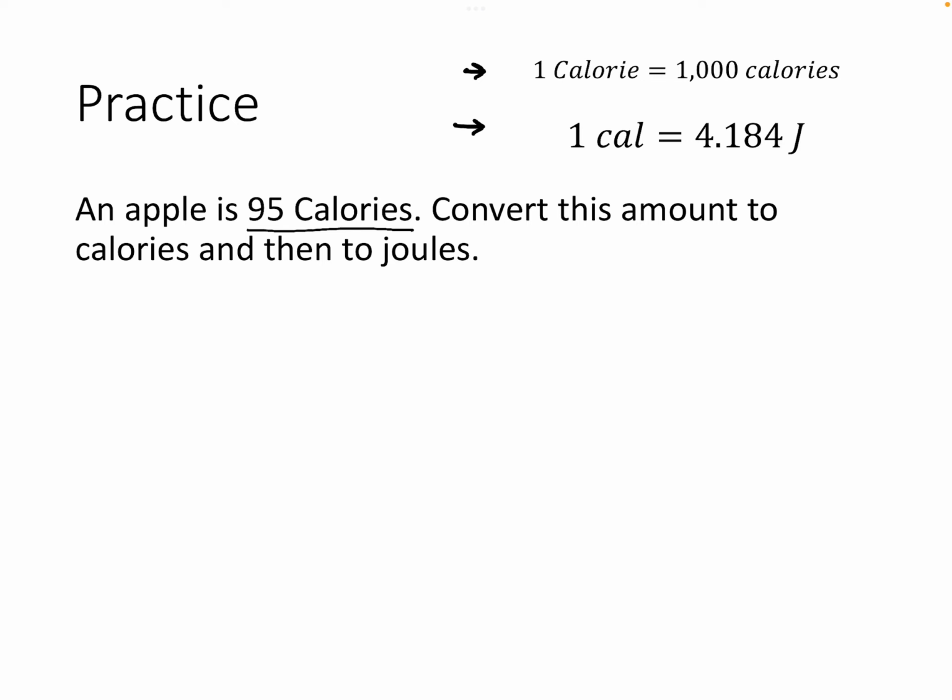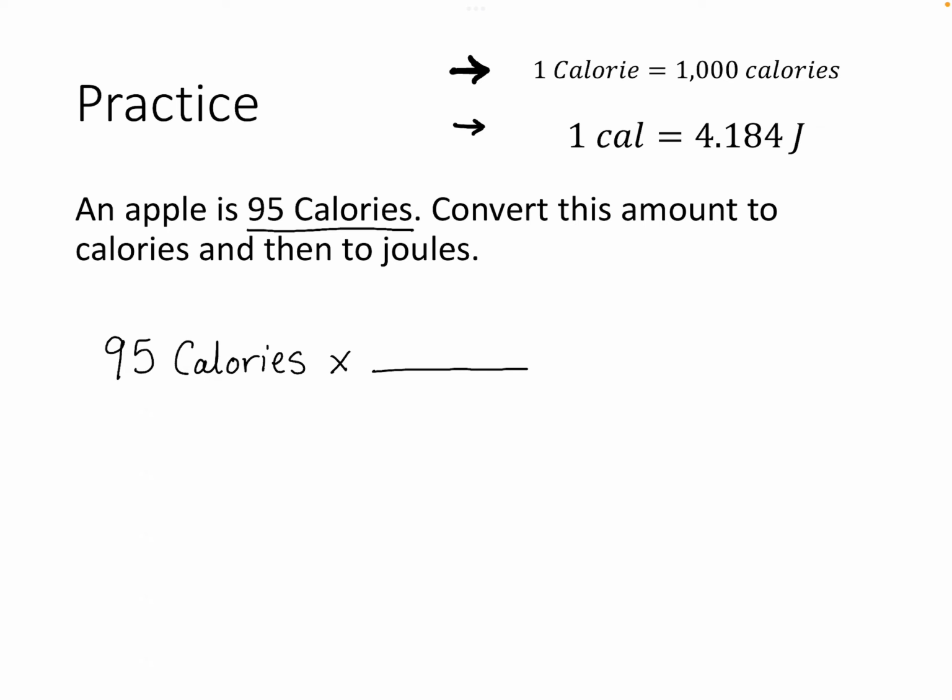All right, so let's start by converting 95 capital C calories into lowercase c calories. So I want to multiply this by a conversion factor. Again, if you use train tracks or another way to solve this, that's totally fine, whatever works for you. So I'm going to use the first equality up above, where 1 calorie, capital C, equals 1,000 calories, lowercase c.